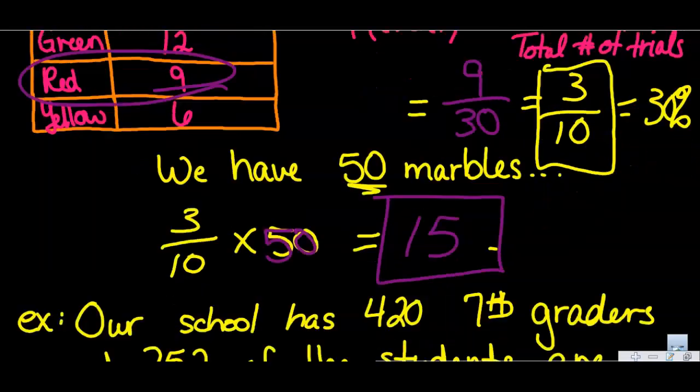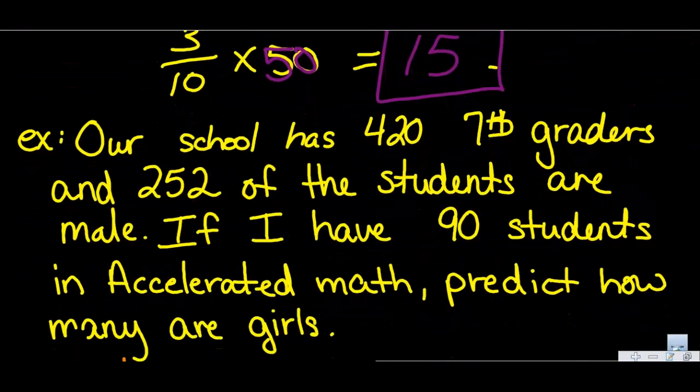How else might this be handy? Let's say our school has 420 7th graders, and 252 of those students are males or boys. If I myself have 90 students in my accelerated math class, can I predict how many might be girls?